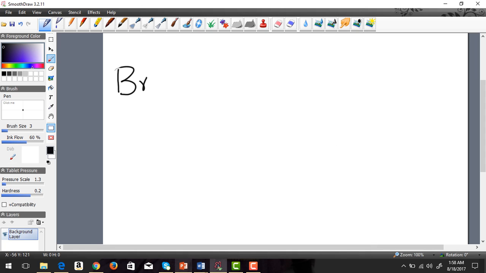So let's go and write 35, and we know this is the atomic number, right? Good. So what does that tell us if the atomic number is 35? That means we got 35 protons and 35 electrons.